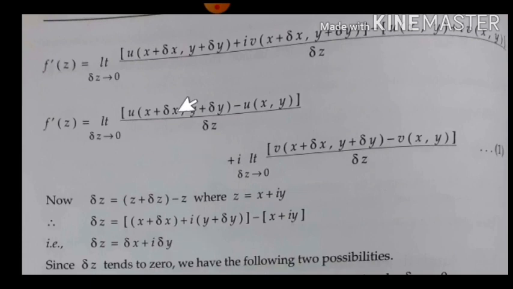So I need to verify it now one by one, step by step. When a small increment is taken in place of x, what will the simplification be? If a small increment is taken in terms of y, what will be the simplification in the right hand side of the equation? Those two possibilities we are discussing separately.